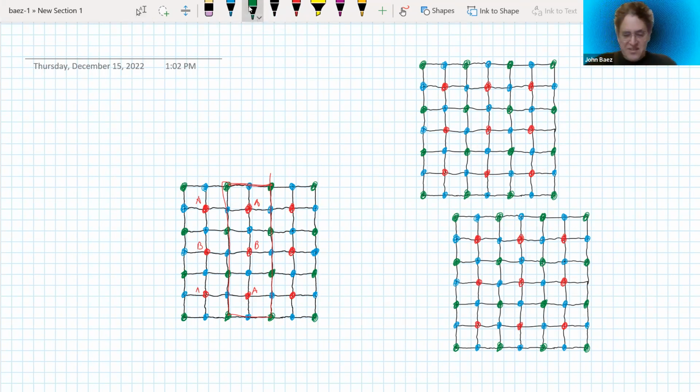Let me try to give a semi-conceptual argument that there should also be just 2 greens here. It's basically because there's this duality between reds and greens. If you look at this whole tiling, there's twice as many blues as there are reds and greens, but reds and greens are getting the same thing. They're just kind of diagonal. You can think of one of them as corresponding to the Gaussian integers, and the other as corresponding to the dipoles between the Gaussian integers.